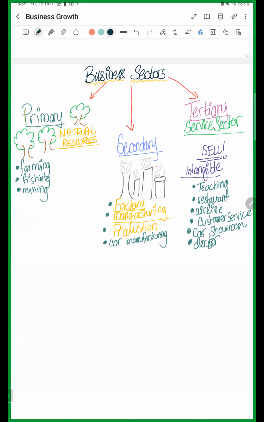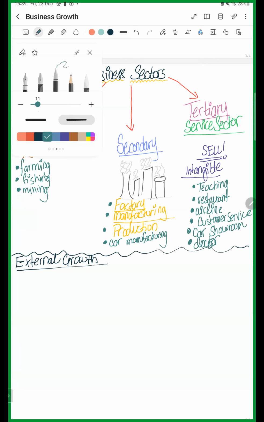Now, what happens in growth and different types of external growth? I'll just show you that now. External growth. Now, the very first one is called horizontal growth.